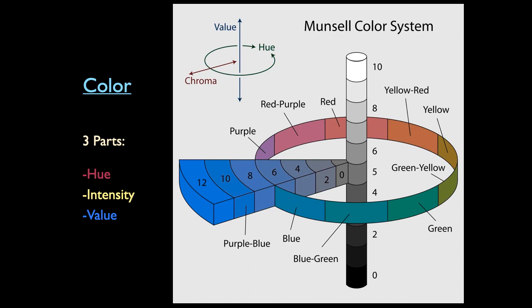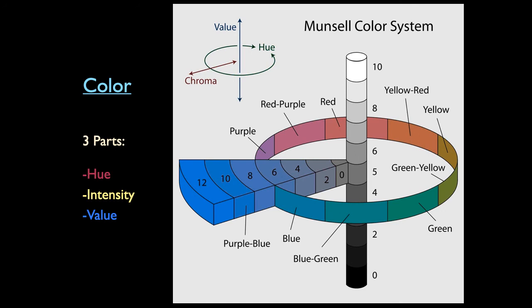Around this band, as you move around it, the hue changes. So think of that dimension as a color wheel. And you have all these different hues, separating these groups of hues. And then as you move out from the core toward the edge, you have the changes in intensity.